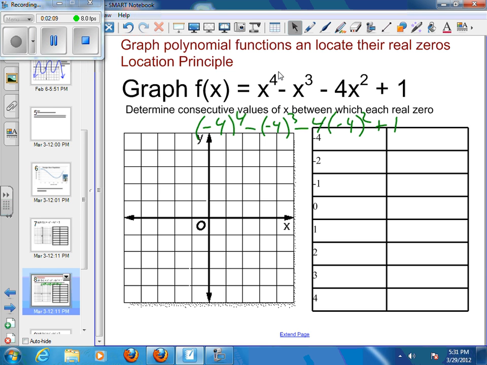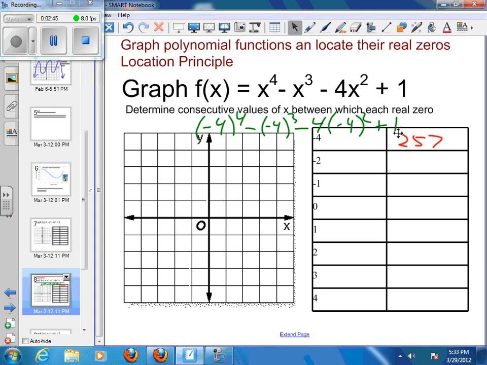And if I did that right, when I plug that all into the calculator, I get 257, positive.